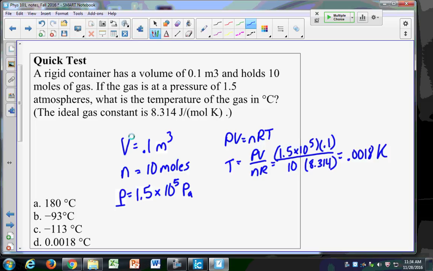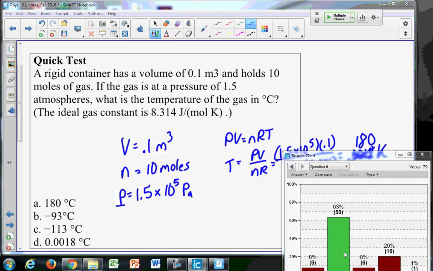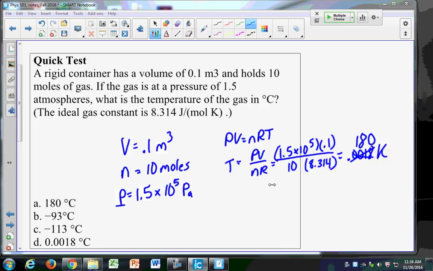I think maybe your order of operations is wrong on that. So I get 180 Kelvin, but then I need to convert that into Celsius, and I get which of these? I get B, right. So remember doing your unit conversion, so we get B there. All right, so B is right.